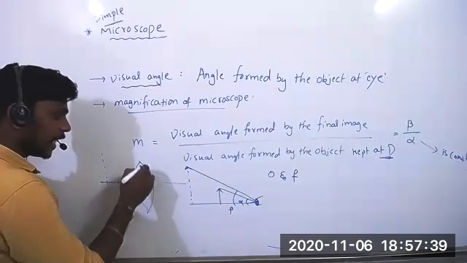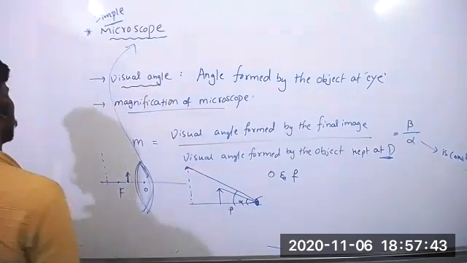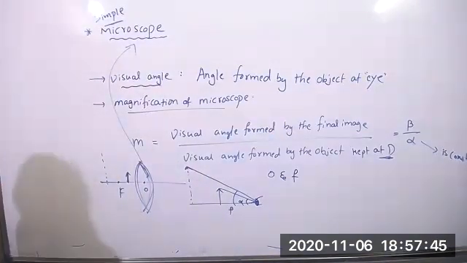In that case, this convex lens acts as a simple microscope. Simple microscope means nothing but a convex lens.